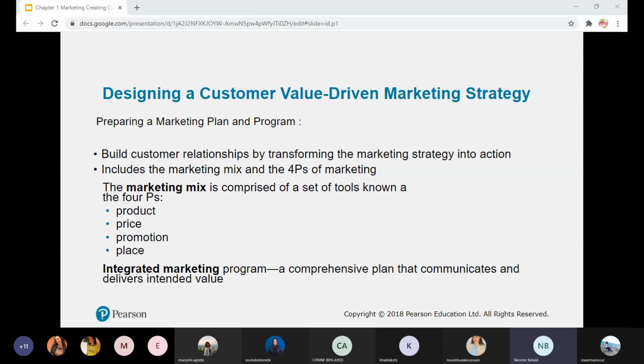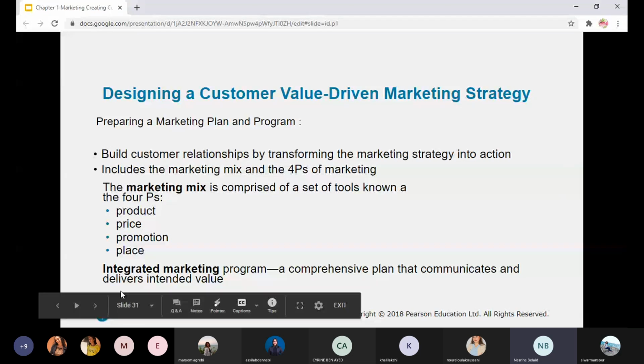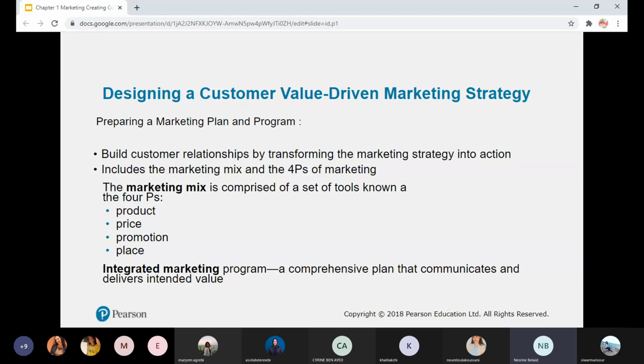Miss, I didn't understand the integrated marketing. Integrated marketing. Okay. The integrated marketing program is a comprehensive plan that communicates and delivers an intended value. So every product has a specific value.